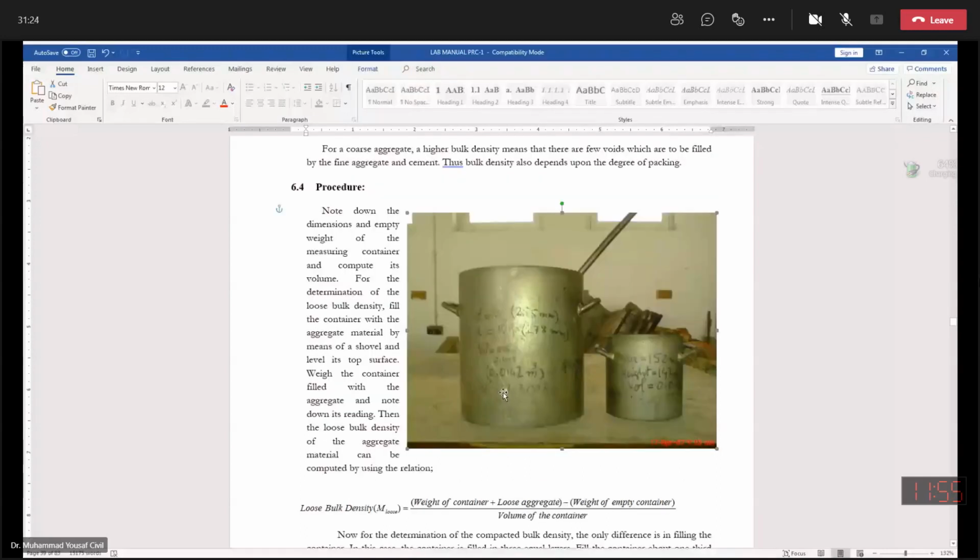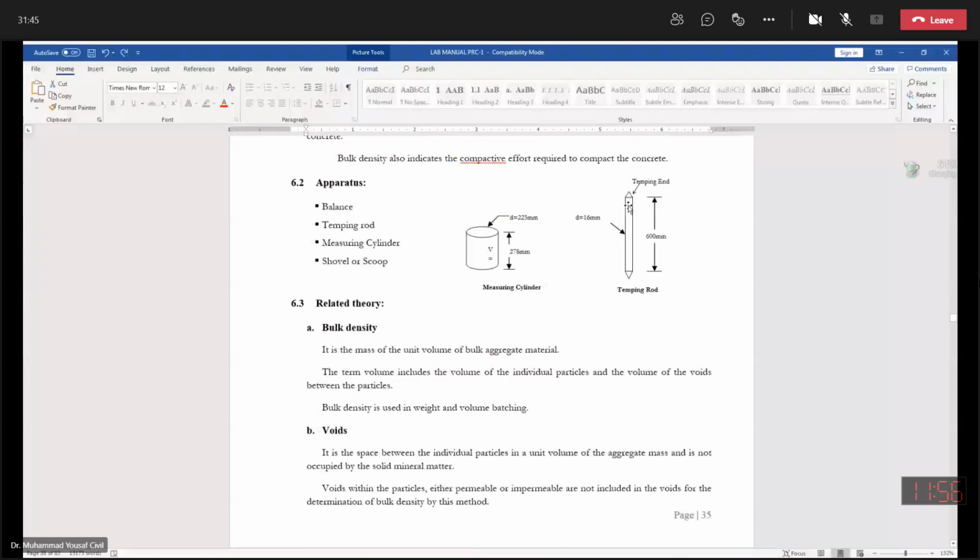For every layer, you will apply 25 strokes using this tamping rod, with the diameter and length given over there. This is the figure of the tamping rod.